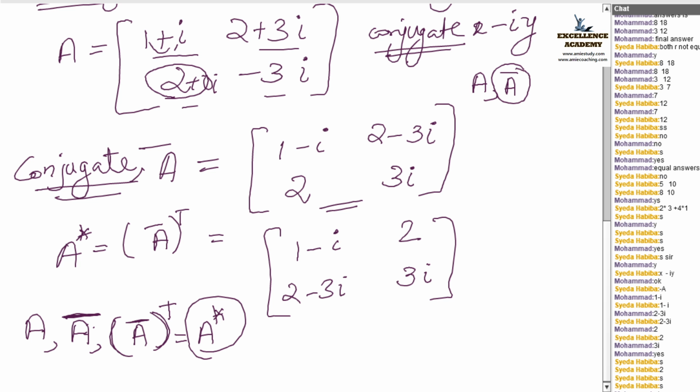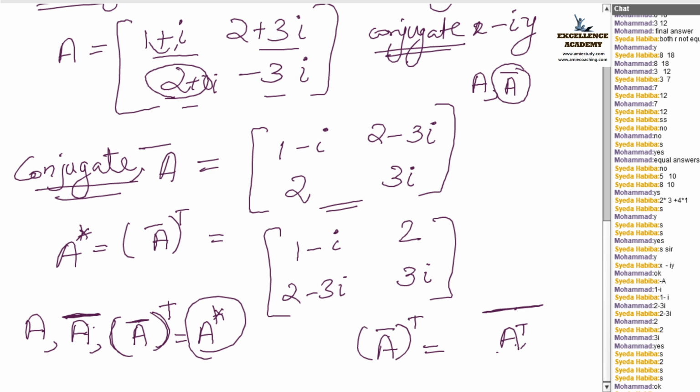So if I take A bar the whole transpose, that will be equal to A transpose the whole bar. That is, taking the conjugate and then the transpose is the same as first taking the transpose and then the conjugate. That will not make any difference. It will be the same effect. Clear?